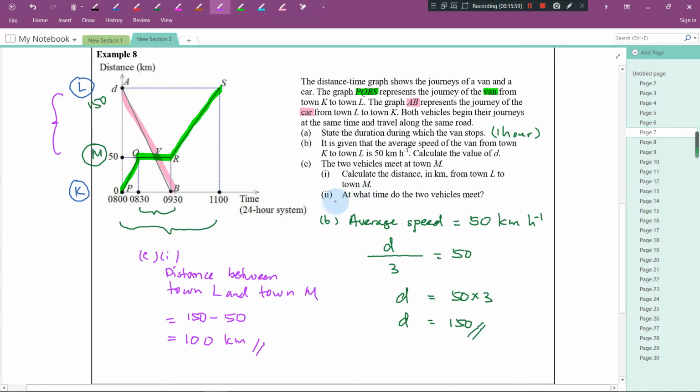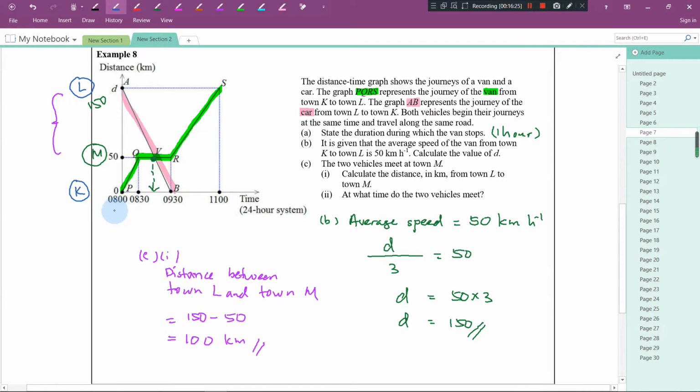Okay, now let's try the last part. At what time do the two vehicles meet? So this is the place where the two vehicles meet. So we need to get the time here. For this part, first I change this 24 hours system into hours.